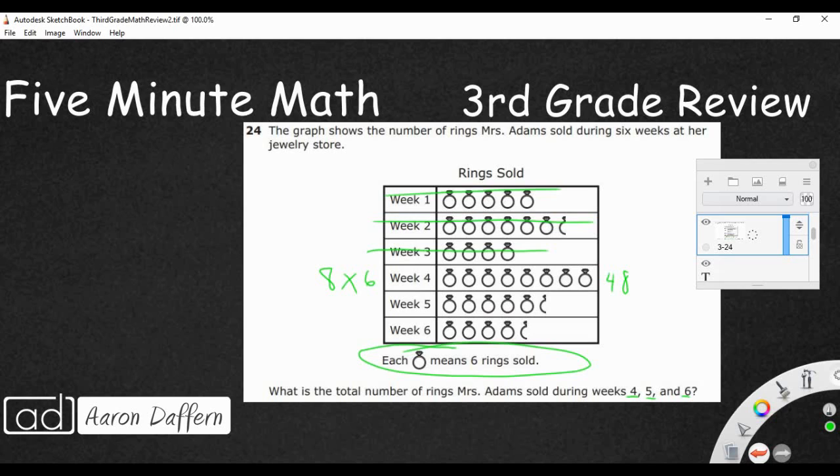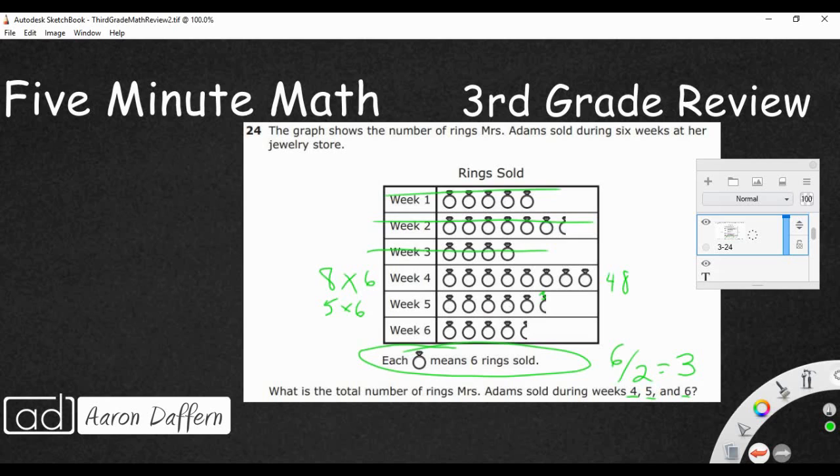5 and 6 are going to be a little bit trickier. Let's see, 6, 12, 18, 24, 30. I've got 5 groups of 6, but then I've got this little half one right here. So once again, I've got 6, I've got to cut it in half, so that's going to make 3. So that's going to be a little 3 right there.